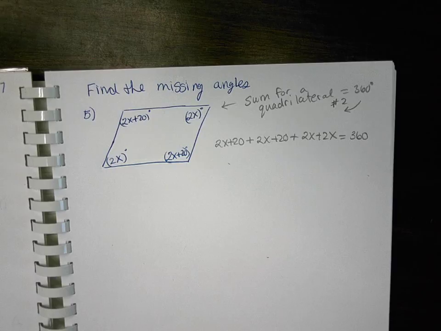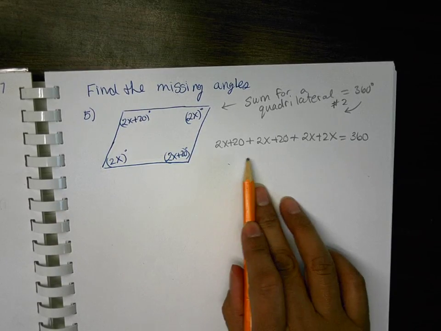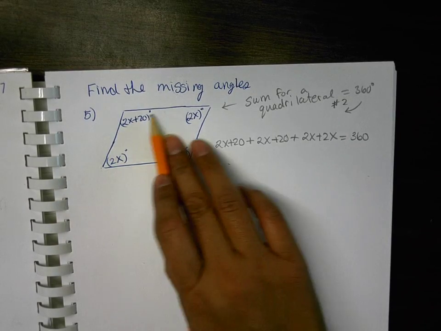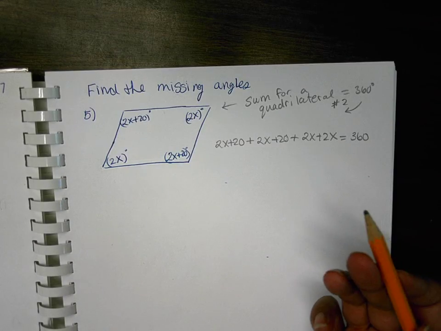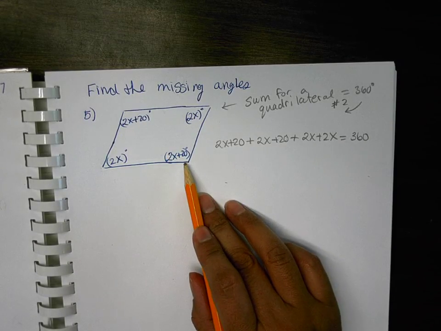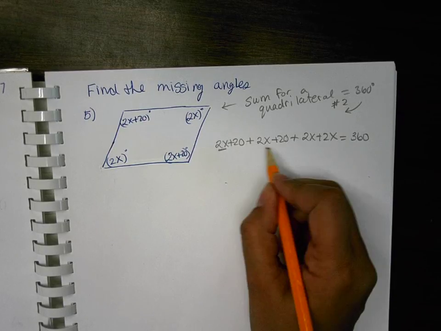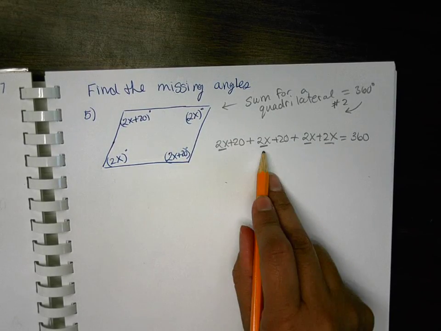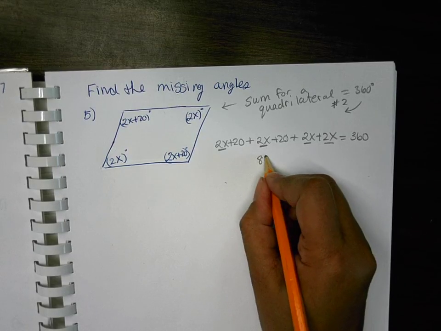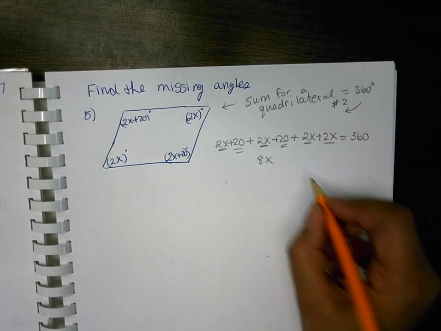Really quick, when you're doing this, if you don't want to write this all out, you can walk around and say 2x, 2x, 2x, 2x is 8x. 20 plus 20 is 40. You could just eyeball it up here.